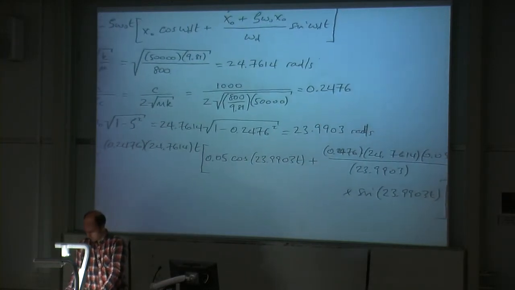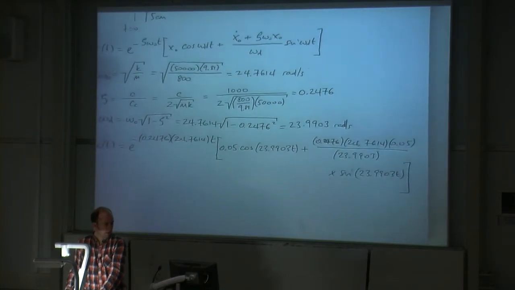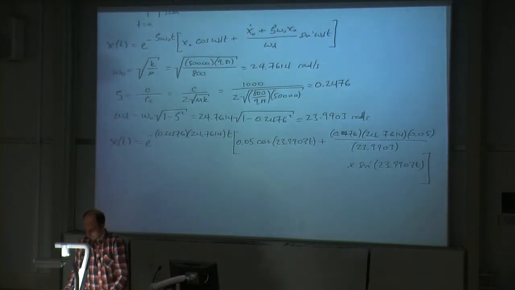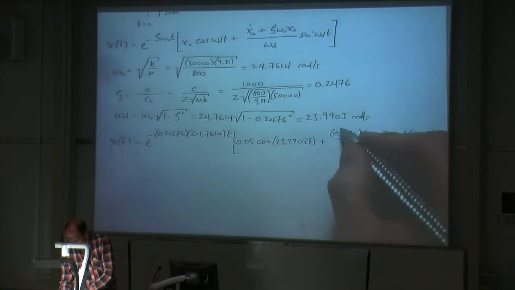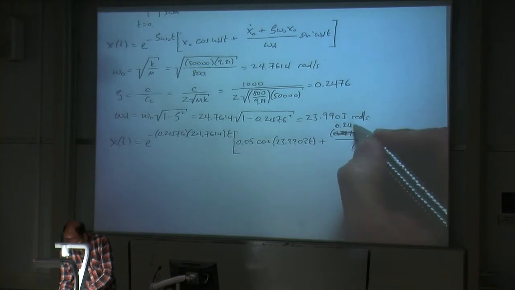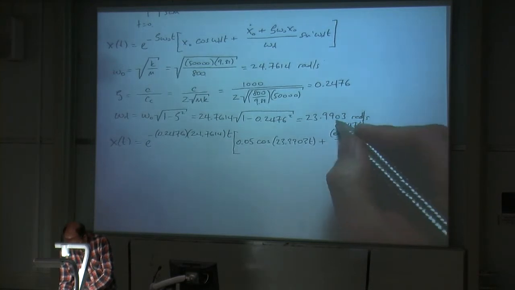Not quite fitting on the page. Let's zoom out a tad. There we go. This is zeta, if you can't read it. I'll cross it out. 0.2476.